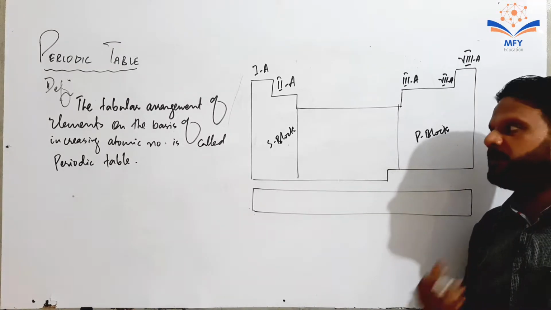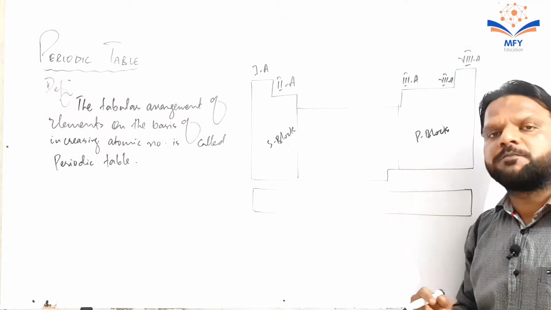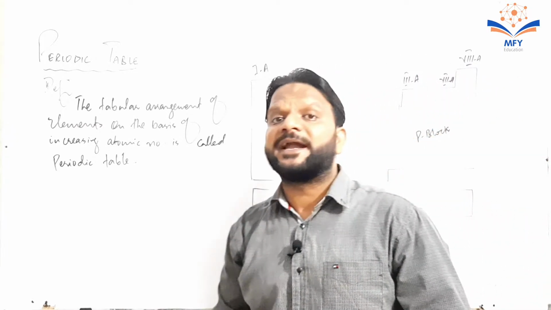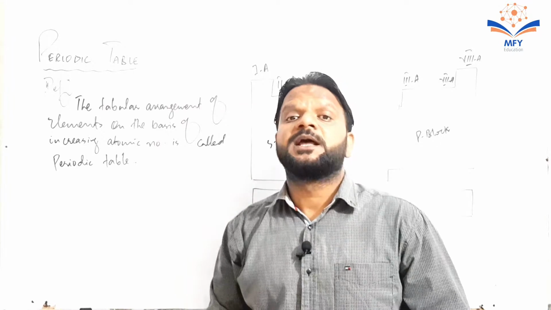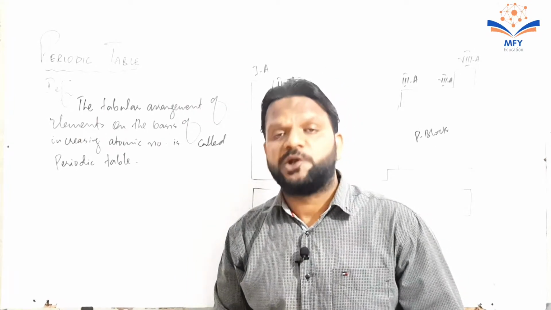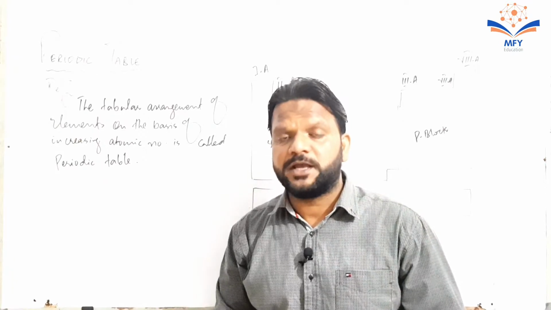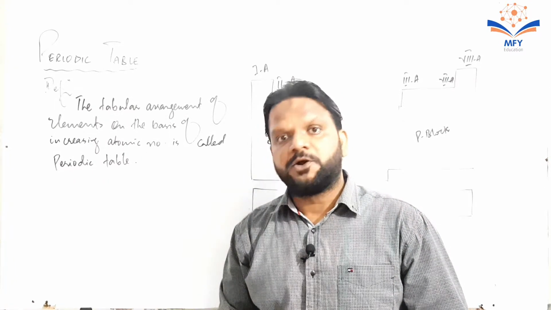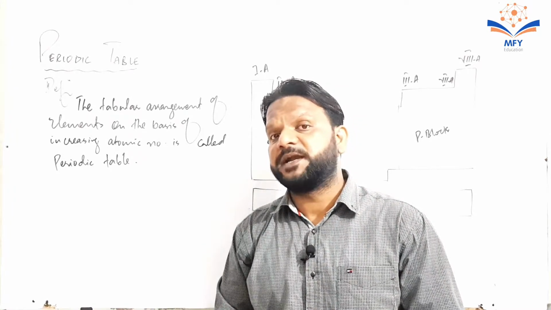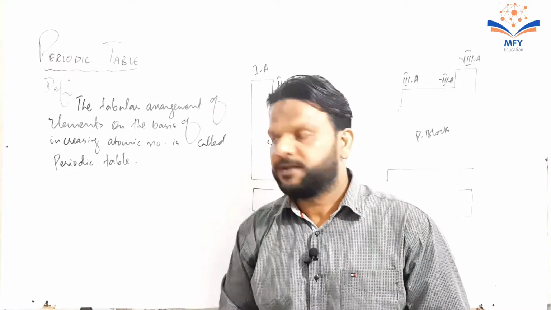In most periodic tables, group 8A is separate from the P block because all the elements want to get the electronic configuration like group 8A elements, including helium, neon, argon, krypton, xenon and radon. All are stable elements; they have completed their octet and duplet.